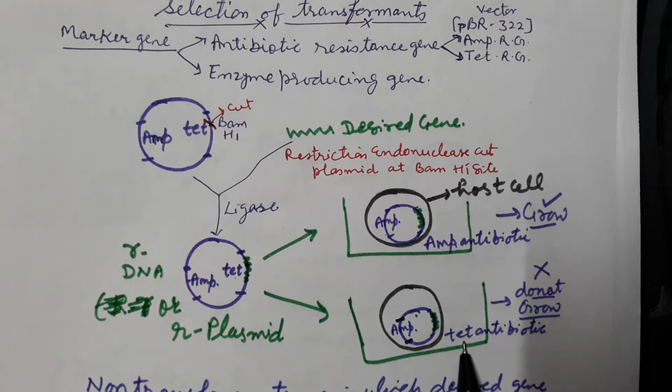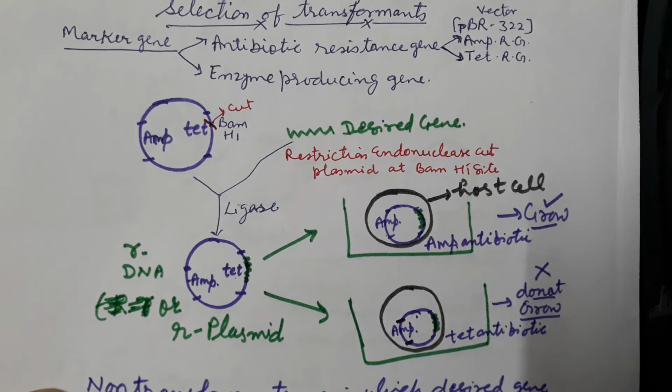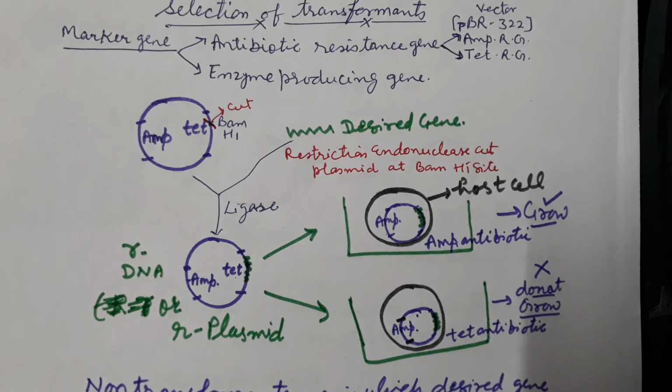Growth does not take place because the desired gene is inserted at the BamHI site of the tetracycline resistance gene. So the tetracycline resistance gene becomes inactive, and in the presence of tetracycline antibiotic, it will not grow. So this is our transformant.